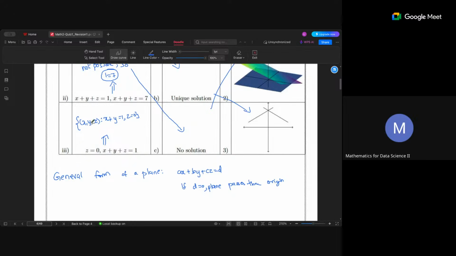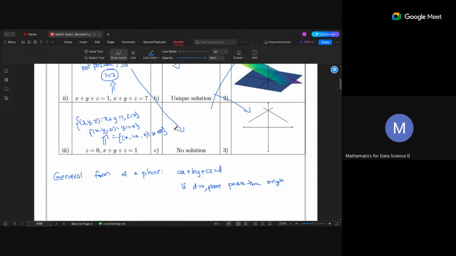So this means you can write x, y, 0, where y is equal to 1 minus x, right? So, rewriting, it is x, 1 minus x, 0, where x is in R.